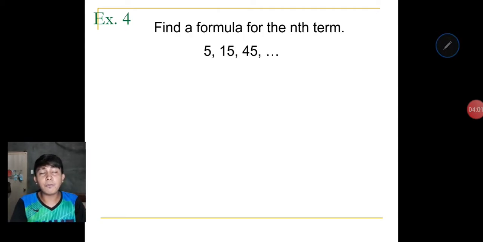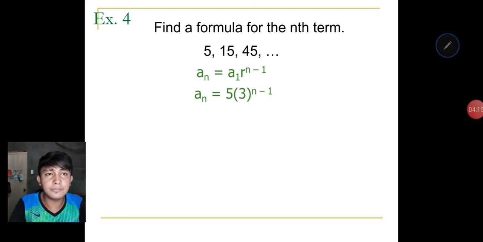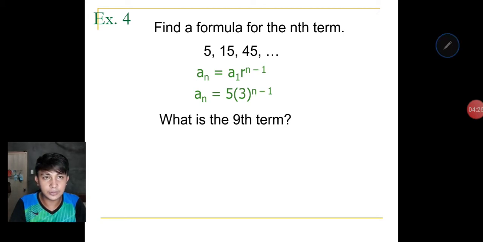Find a formula for the nth term: 5, 15, 45. So first we need to determine the ratio. 15 divided by 5 is 3. Yes, I'm sorry. Okay, we have now the 9th term.